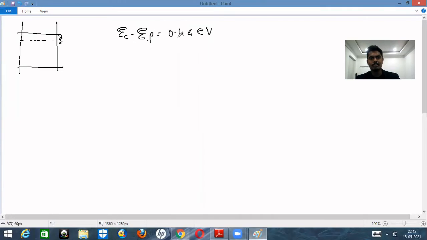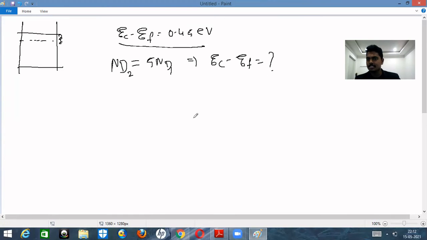Okay, so this is the thing, and we are asked to find if ND is increased 5 times. So ND2 is equal to 5 into ND1 simply. They are asking what is the value of EC minus EF. For the first one, EC minus EF is 0.45, equal to KT into ln of NC upon ND1.